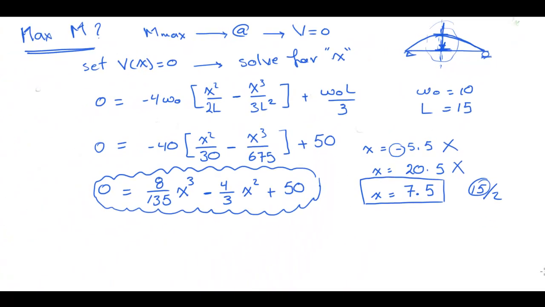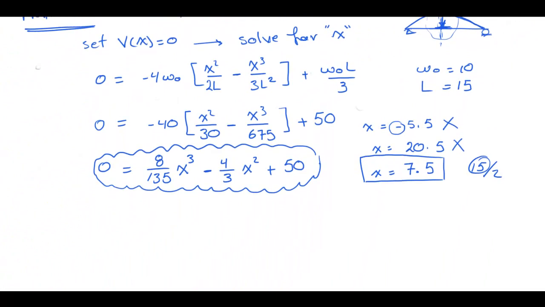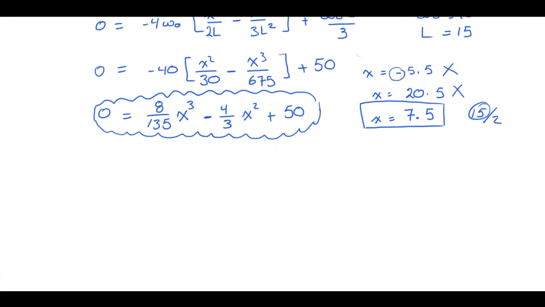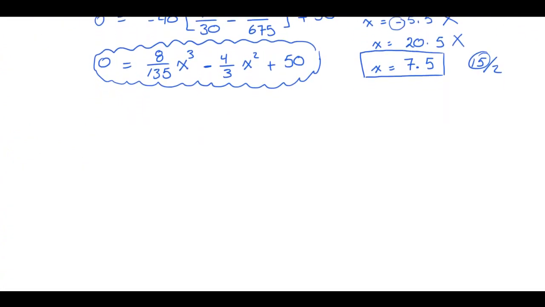Now, what is this maximum value? I found where the maximum is, but I need to find the number. What is Mmax? What I need to do is go to the M of x equation and substitute 7.5, and we get a value.